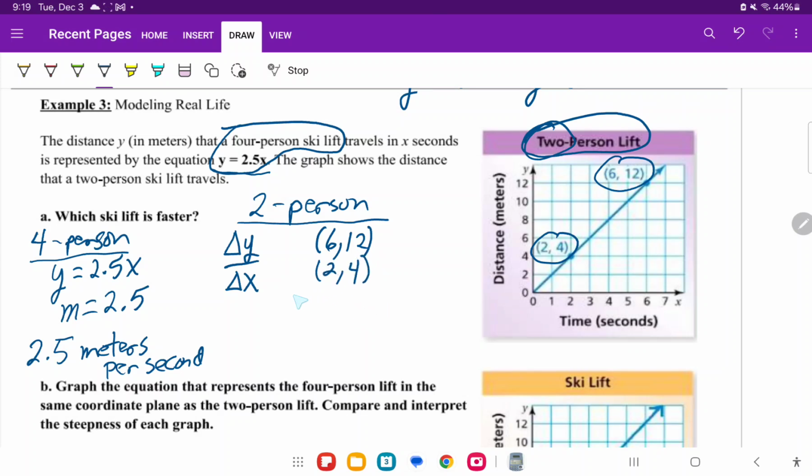Okay, so our slope is y minus y over x minus x. So that is 12 minus 4 is 8, and then 6 minus 2 is 4. And so that reduces to 2. So the slope there is 2, which means it travels at 2 meters per second.